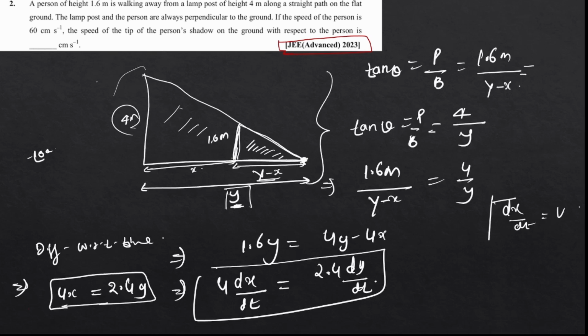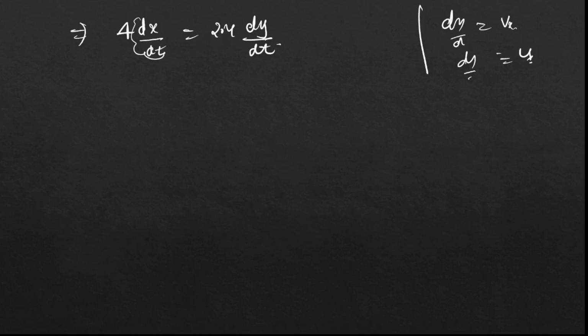And this is what we have been asked. We need to find the velocity of the tip of that shadow. So this would be dy upon dt. And we have been given the velocity of the man, that is the change occurring in this x variable, right? So this is the velocity of the man, and this is the velocity of that shadow tip.